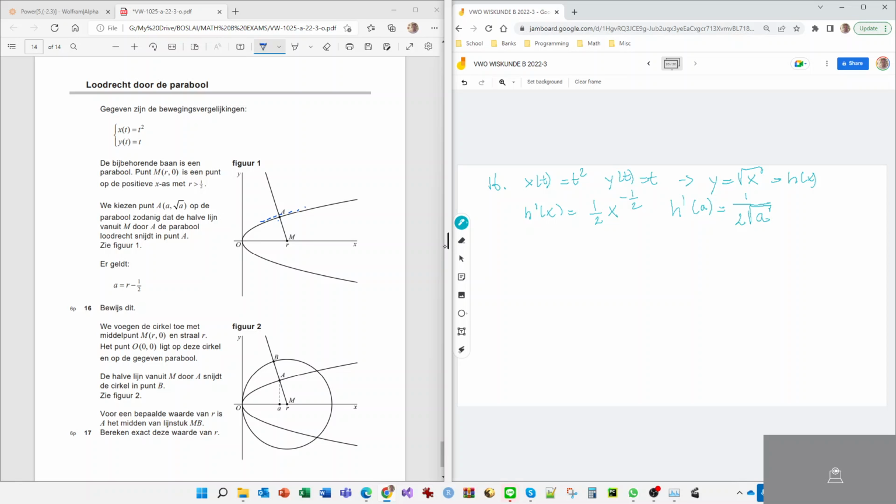Okay, now let's look at this line AM. Let's calculate the slope.